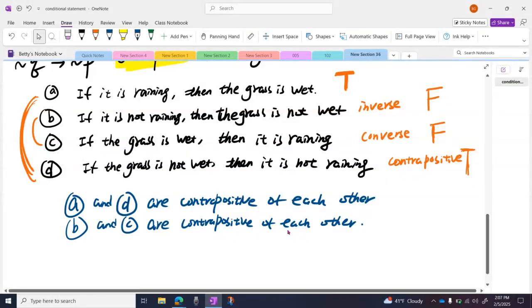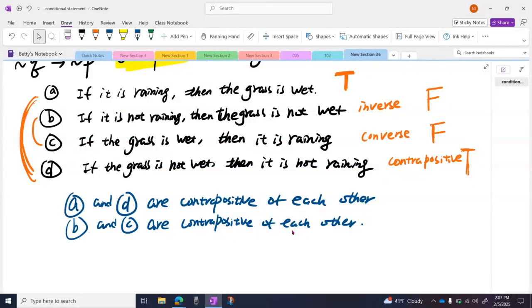For example, your husband came back home and smells like alcohol, and you ask him, you must have drunk alcohol, right? Because the statement you actually have in your head is, if you smell like alcohol, you must have drunk alcohol.